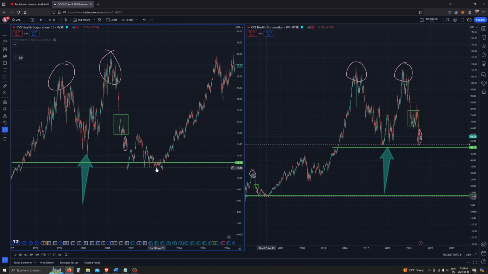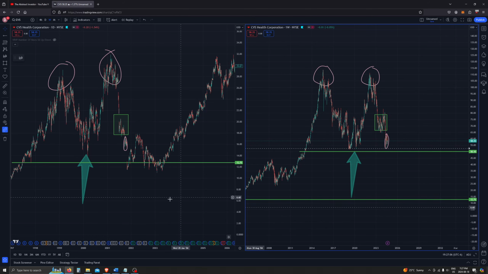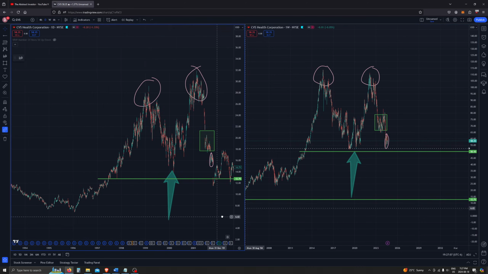And if I see this starting to occur, even if it's higher up, even if it doesn't happen much lower down here, like at the $45-ish range, even if it happens up here quite a bit more, then I will take that as, okay, it's basing, and it's not actually going to go down as far as it did in 2002, 2003. So, that's it for CVS.